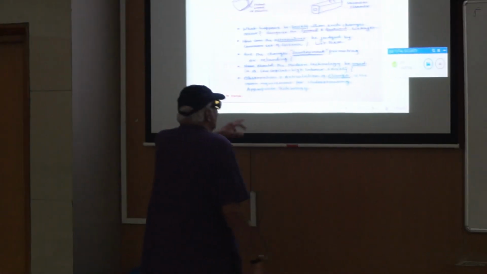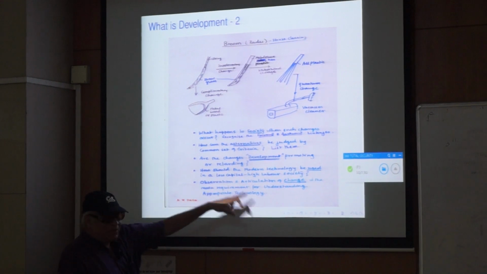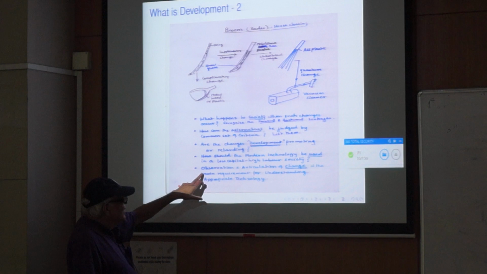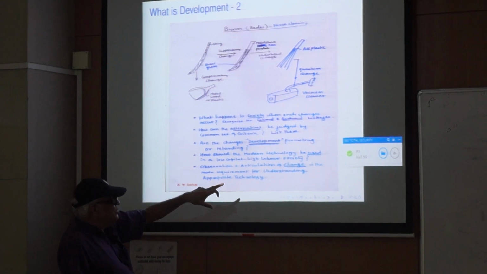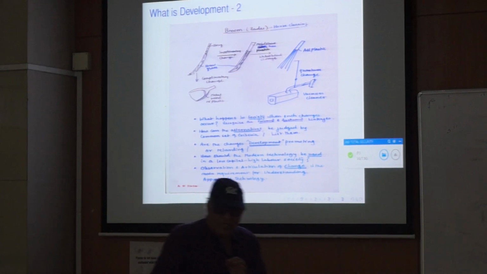Then, how should modern technology be used in a low capital level? I already told you, not on a Mara. Okay. Observation and articulation of change is the main requirement for understanding appropriate technology.